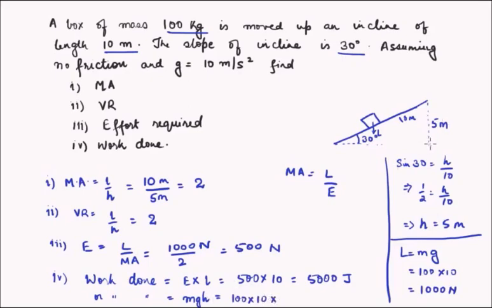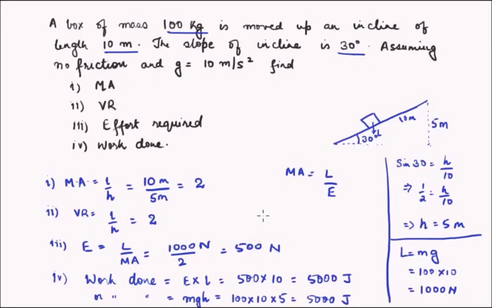It is lifted from here to here, effectively the height, and it gives us the same value of 5000 joule. So we just saw that the work done, either through the incline or if we were to lift it directly, is the same in this case because there is no friction.